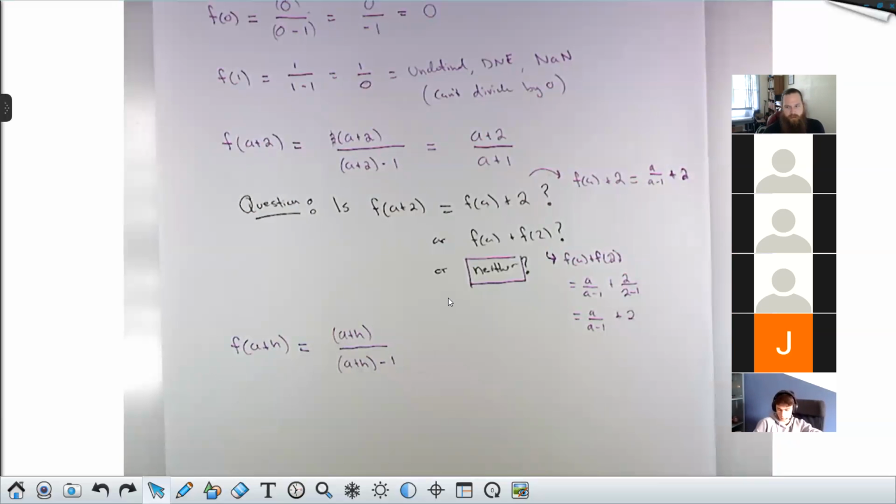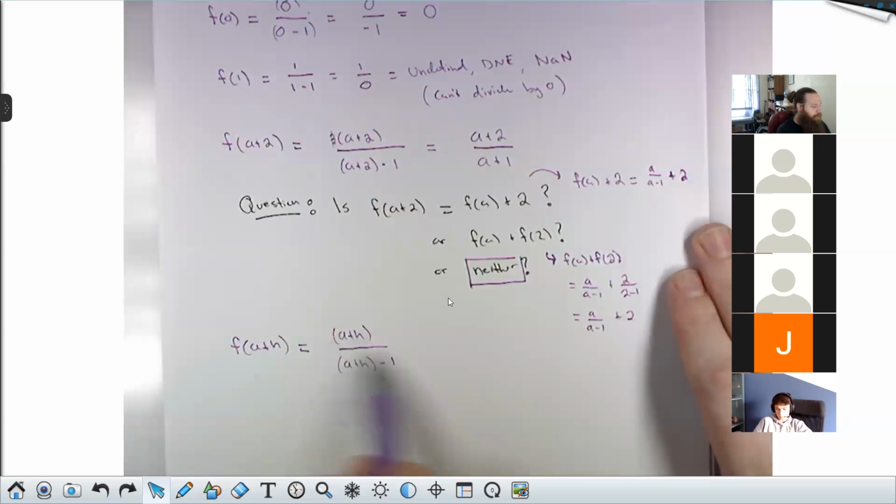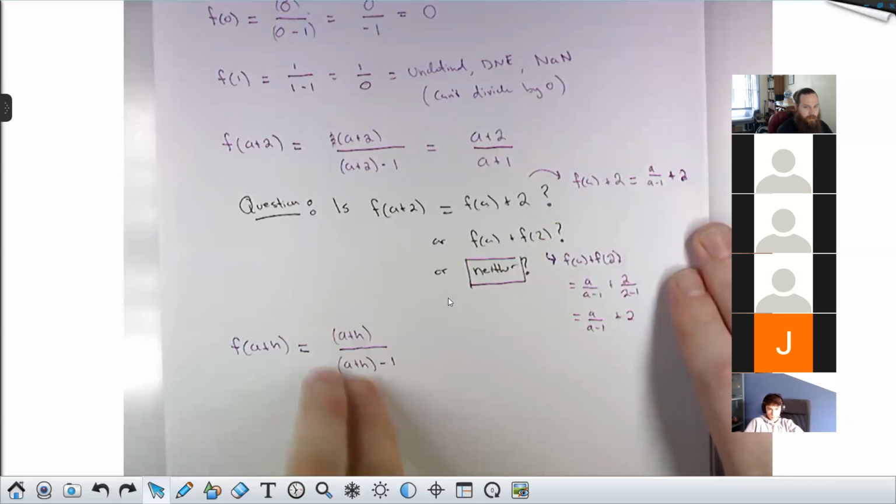If your immediate step before that was not factoring, don't cancel. So we cannot cancel these because a plus h is not a factor of the bottom. This 1 right here doesn't have an a plus h to give. If you could factor a plus h out, then you could cancel it with the top. But because we cannot factor it, we cannot cancel.